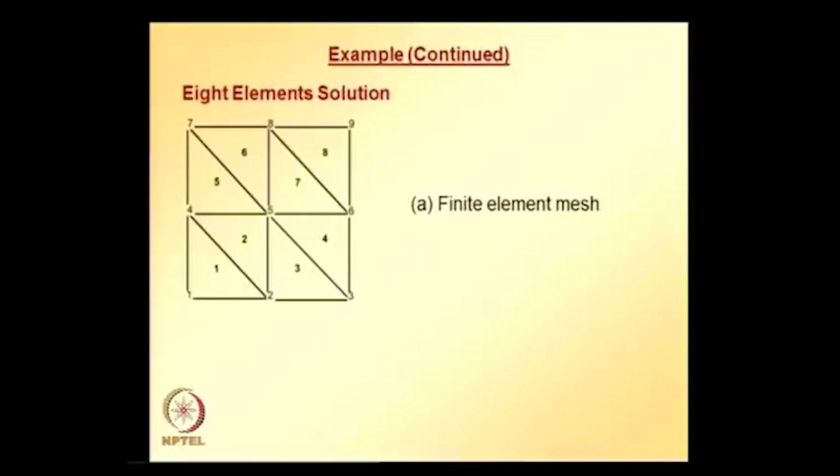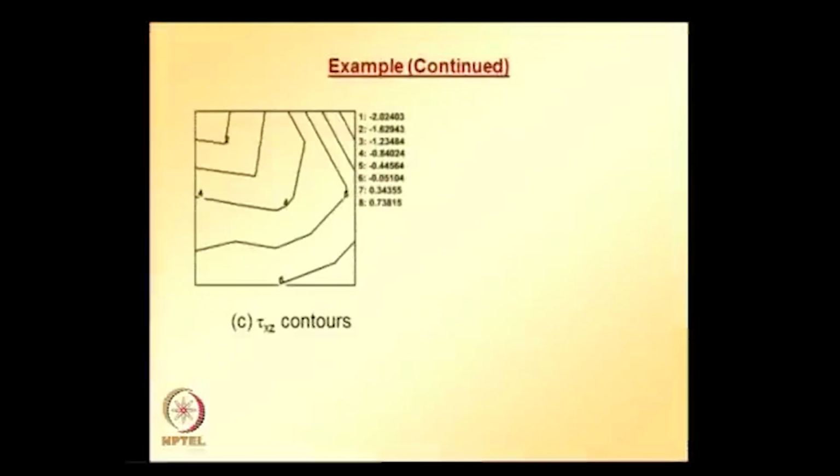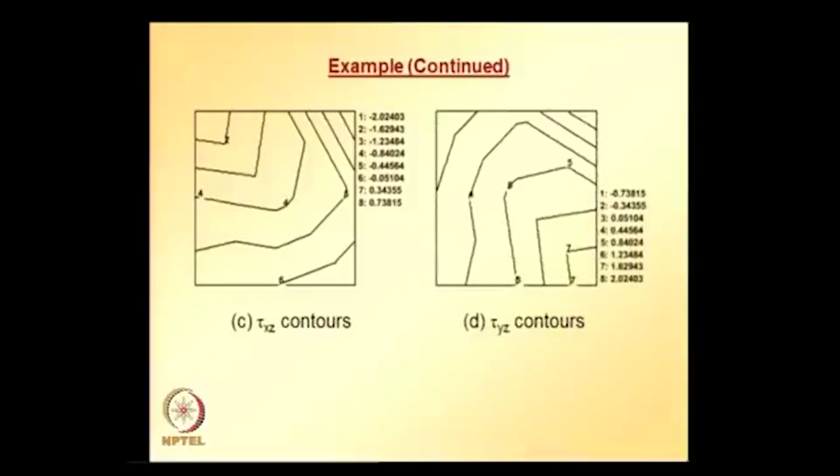So, applying those boundary conditions, we can solve for the stress potential value phi at all rest of the nodes, and then we can interpolate, and then we can find the stresses and torque as we did for 4 element solution. And once we do that, and if we plot the stress function contours, they look like this for 8 element solution, and components of stresses, stress contours, tau xz contours, tau yz contours.